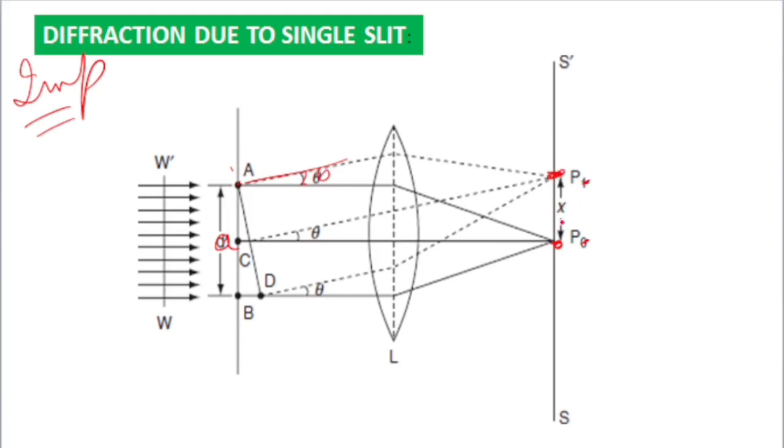Now, in this case, at the center of the screen, maximum intensity is there. Why? Because the rays emitted from this point A and B both are in same phase and path difference is 0. So at the center of the screen, always maximum intensity, and this is called central maxima, right?